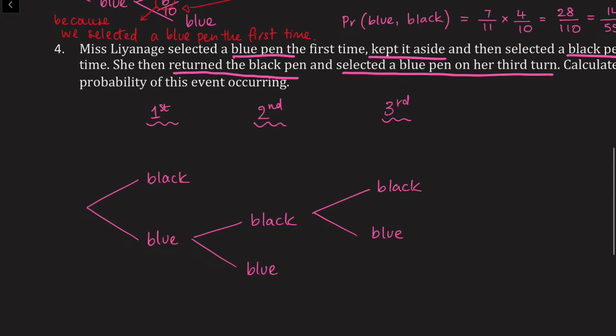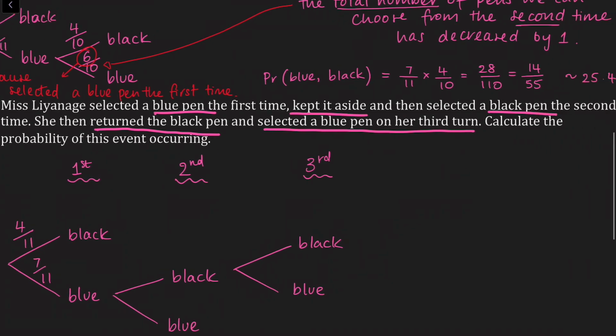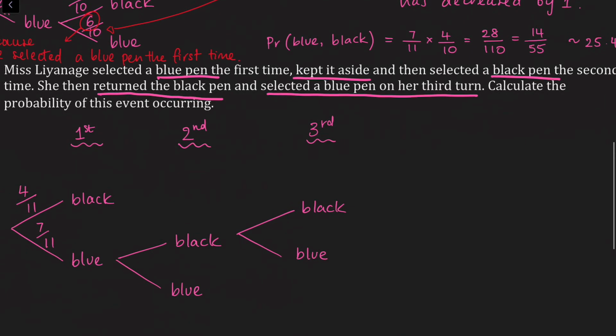So now let's start with our probability. Initially we started with 4 black pens out of a total of 11, and then I had 7 blue pens out of a total of 11. Now, from the first event to the second event, I picked a pen and then I put it aside, which means no replacement.